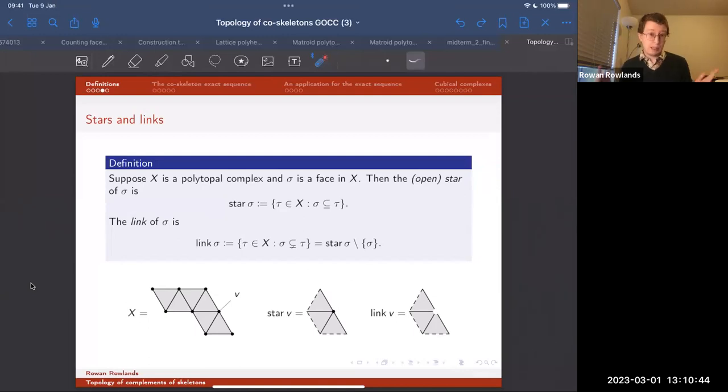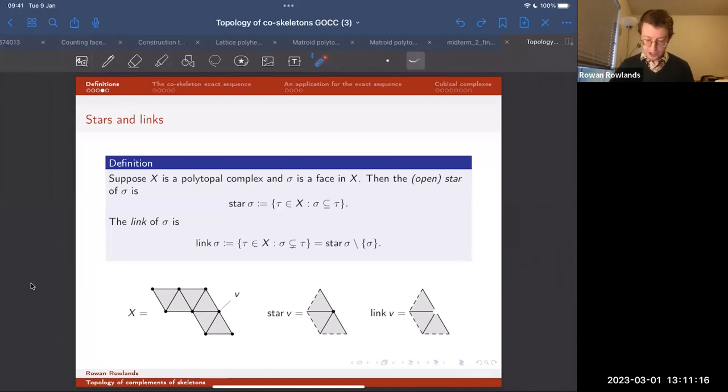Topologically, the reason you might care about a link is it gives you a slightly more combinatorial notion of an open neighborhood of a point. So the link of a vertex here is an open neighborhood of this point with the point punctured out of it. So this link is kind of like a bridge between combinatorics and topology in that sense.